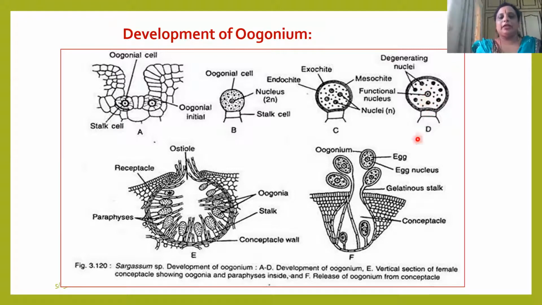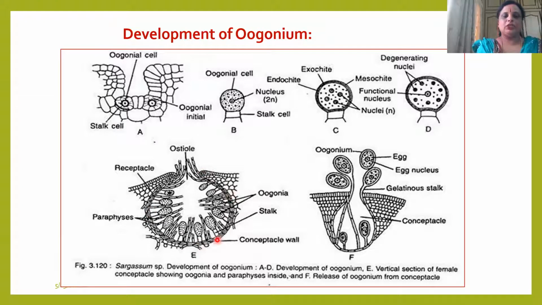While the oogonium is developing, let us see how the conceptacle would have also been developed. Here is the transverse section of the developed conceptacle, taken from the receptacle. If observed under the microscope, in these receptacular branches there form cavities.